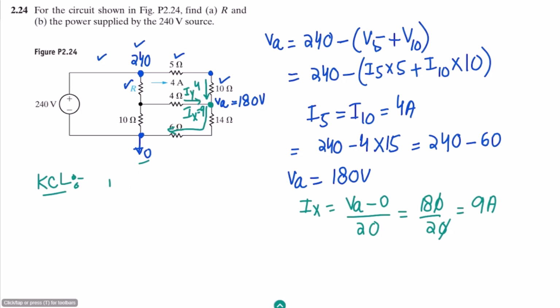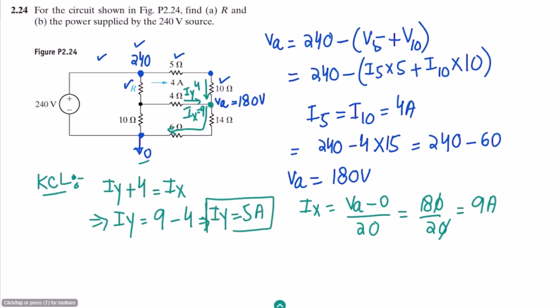So according to KCL, IY plus 4 amperes is equal to IX, or the value of IY is equal to IX, which is 9, minus 4, so this IY is 5 amperes.